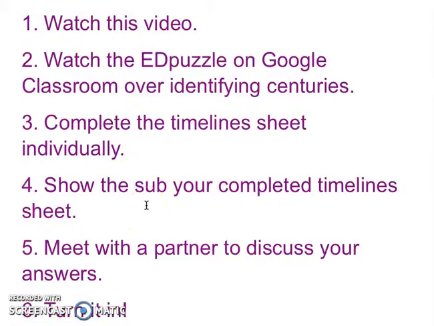So you'll take your paper to the sub and show them that you completed it. After you've shown the sub, you can meet with a partner or another person in the room and go over your answers together, talk about what you had, see if there's similarities, differences, if you need to work through anything together. After you've met with someone, then you're going to turn that timelines sheet in. So we're going to be going over that tomorrow as a class together.